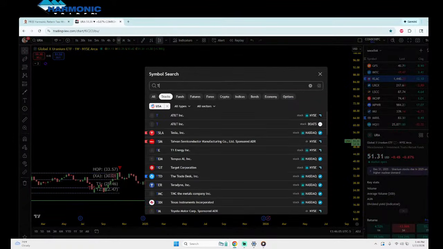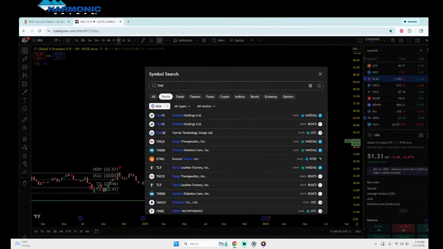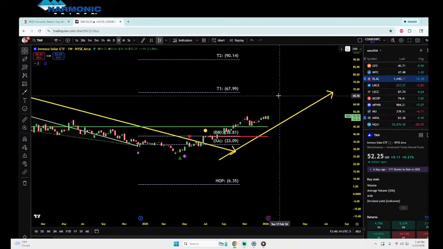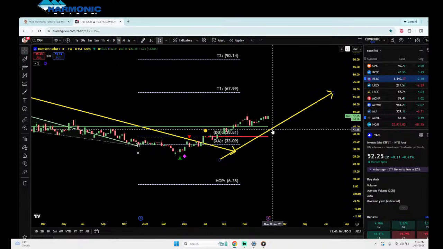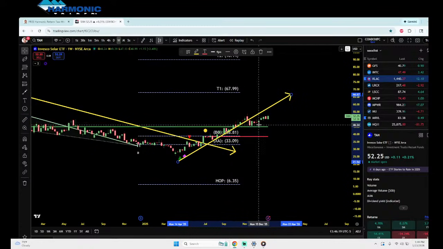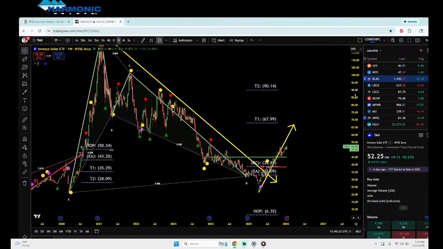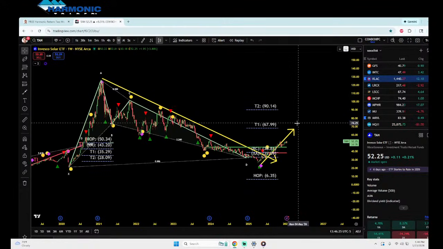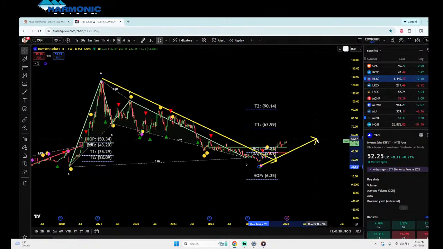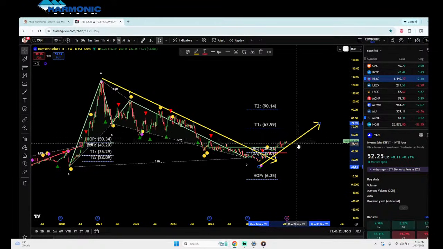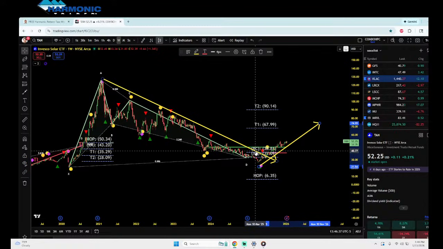The other ETF is the TAN, guys. I have been talking about this for a long time. We're just waiting for this to go to 67, 68. But this is another one that, yeah, it's technically recovery, but it's a massive pattern. I've been talking about that since 35. You guys know that. Well, this is the kind of recovery play that works for a few reasons. We broke out of the downtrend. All right.